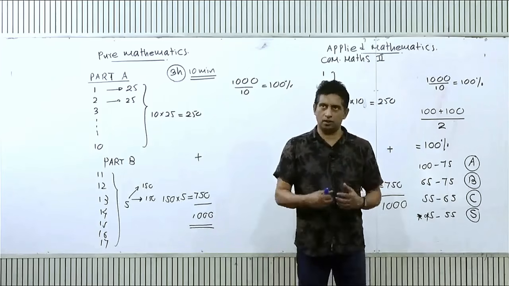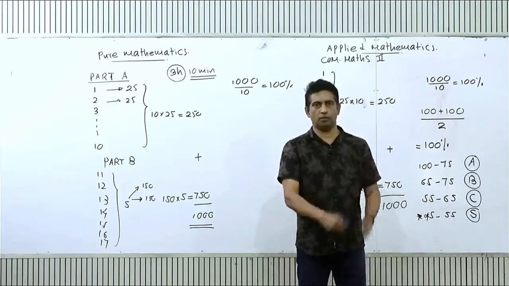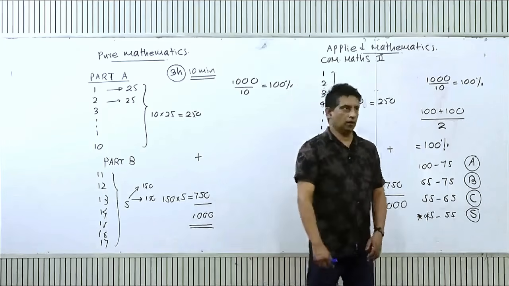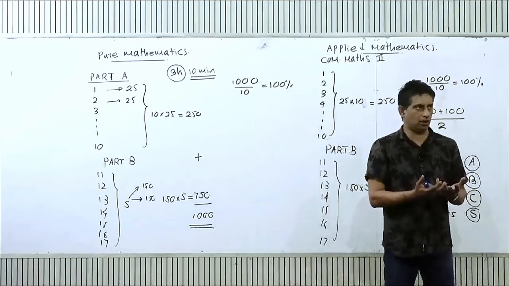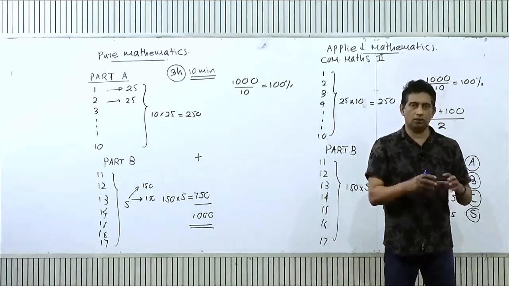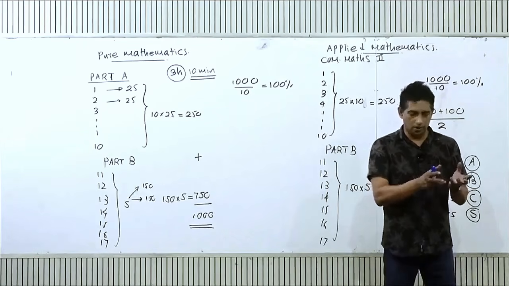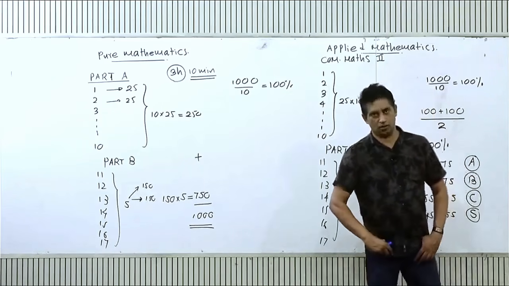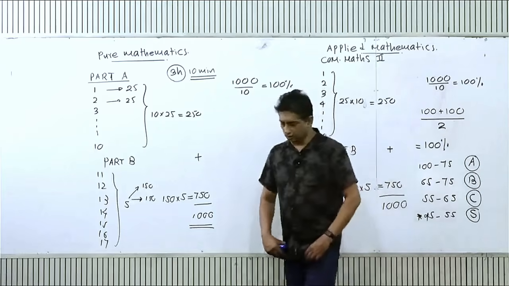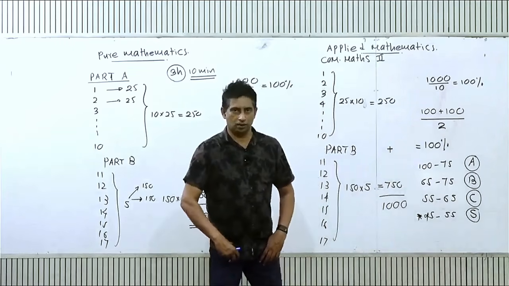By using our pure mathematics knowledge, we have to solve practical problems, right? When we come to the practical world, we have to apply our mathematics knowledge and solve the practical problems, like normal people and engineers also do, no? That is the basic idea of what we are studying in applied mathematics, right?